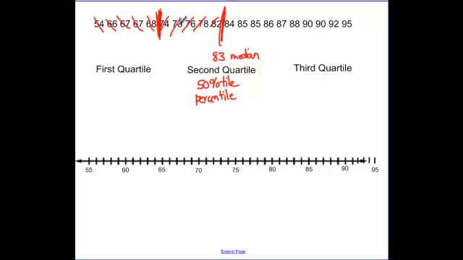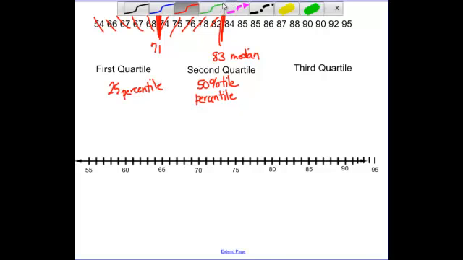Well, between 68 and 74, that's 6. So that would be 71. If I take the average of 68 and 74, I get 71. So that's my first quartile, or the 25th percentile.